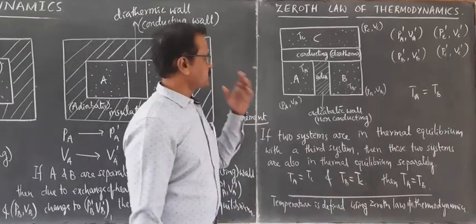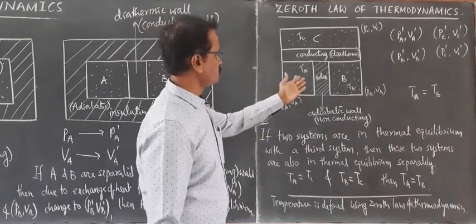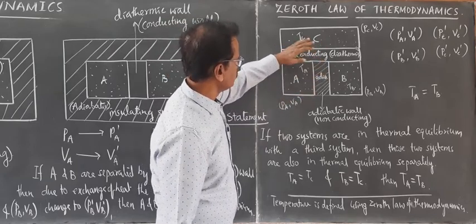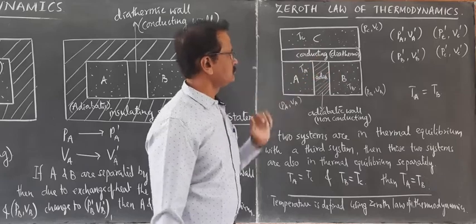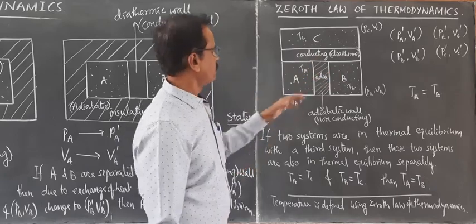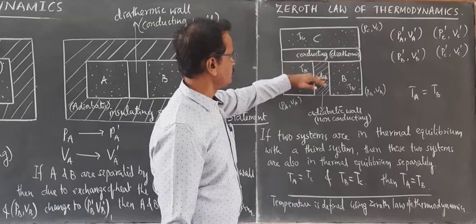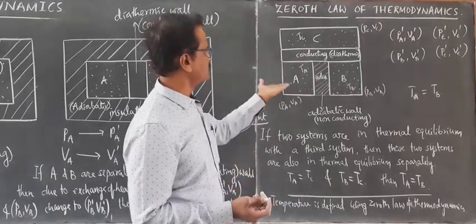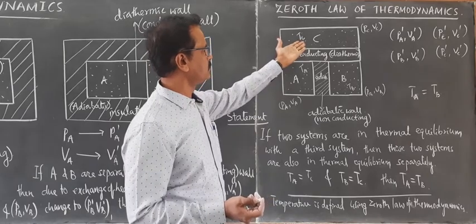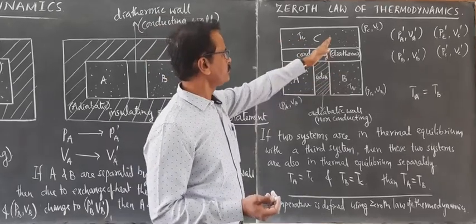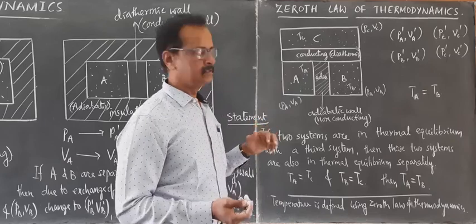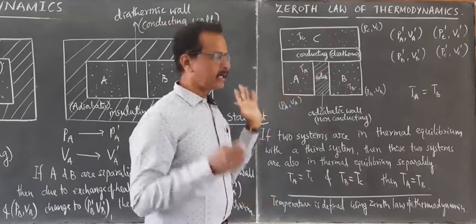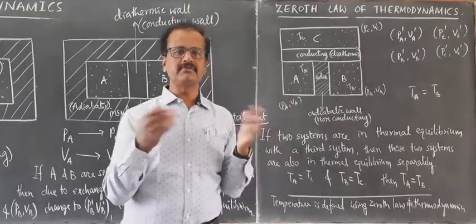Now, suppose I am taking A and B separated by a conducting wall, and C is separated by an adiabatic wall. But already A is in thermodynamic equilibrium with C, and B is in thermodynamic equilibrium with C. So even if you separate A and B by a conducting wall, there is no exchange of heat.